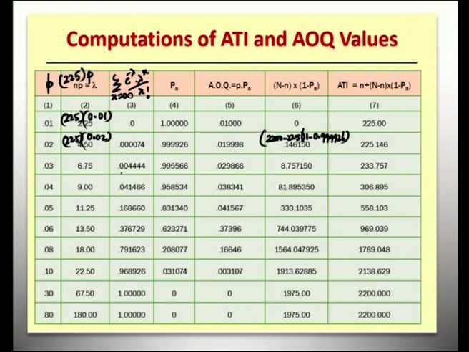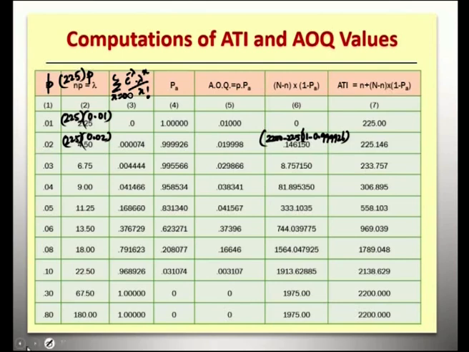Calculate e power minus lambda, lambda power x by x factorial, and add it to get PA. Multiply it with small p, 0.03 into 0.995566, to get PPA. Accordingly calculate N minus n into 1 minus PA and add it with 225 to get ATI.